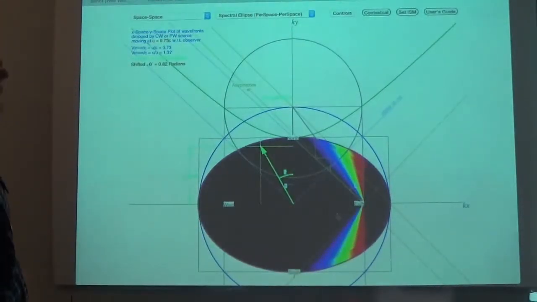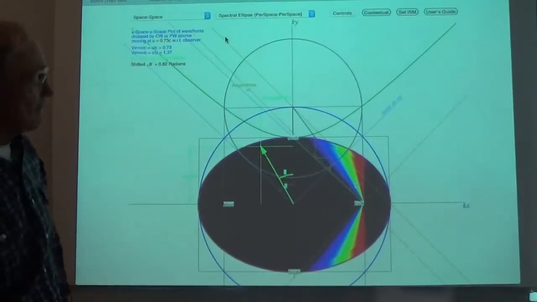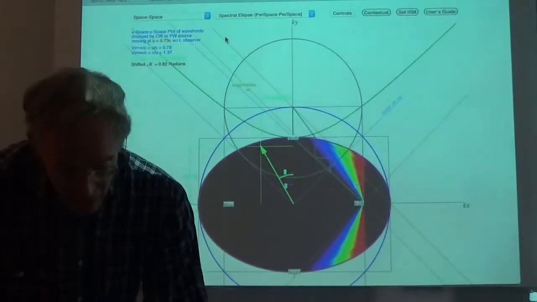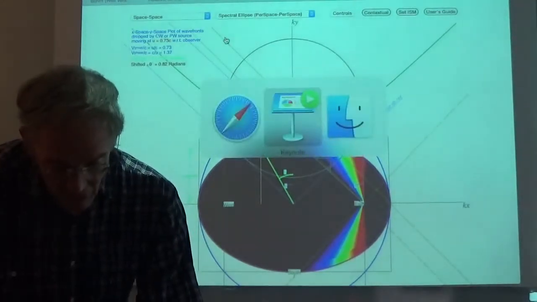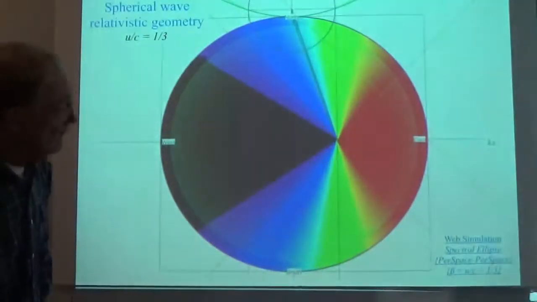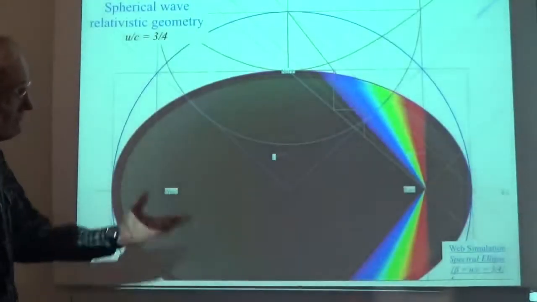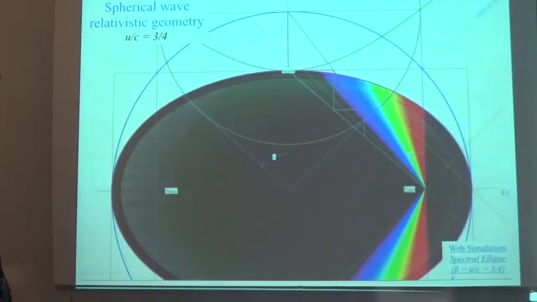But it's there nonetheless. Okay, that's just to give you a little bit of a feel for the power of the geometry for this. And there's a nice drawing of what we just did.